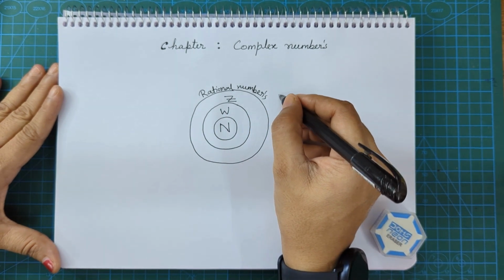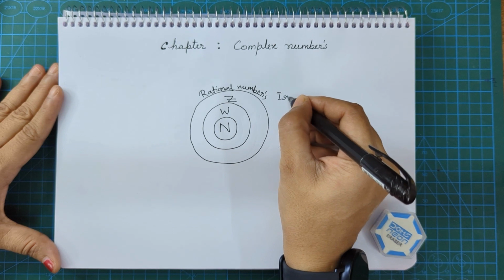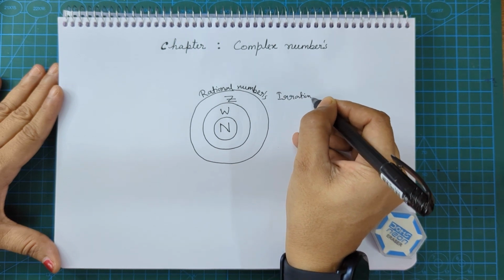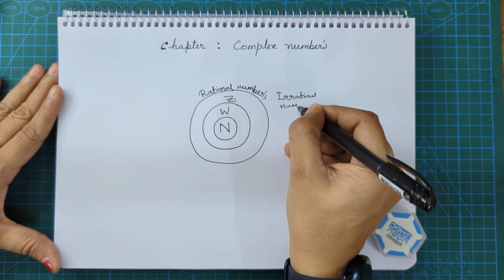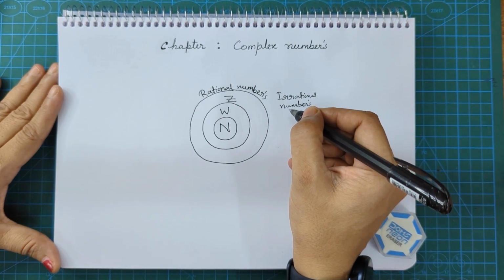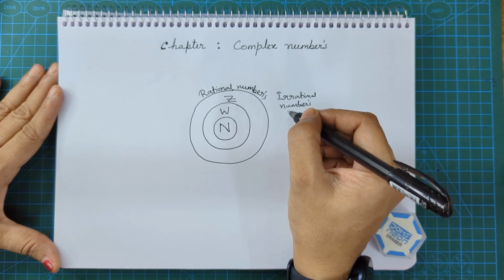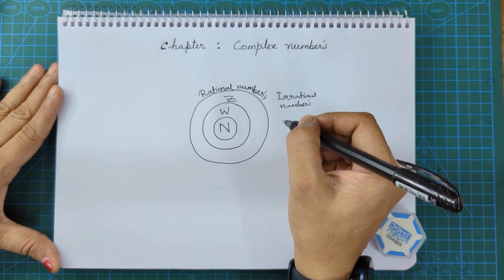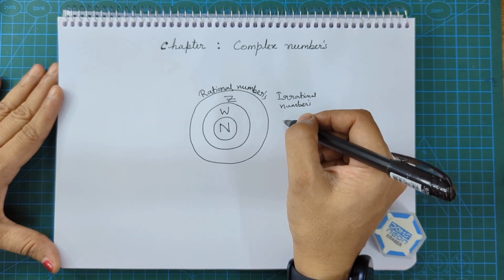Then there is another set of numbers called the irrational numbers. What are irrational numbers? Irrational numbers are all those numbers which cannot be expressed in the form of p by q, where p and q are integers and the denominator should not be 0.